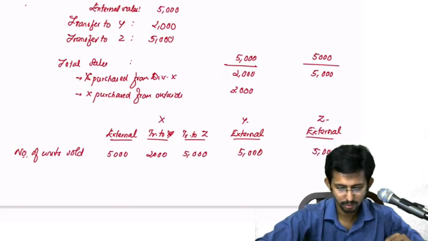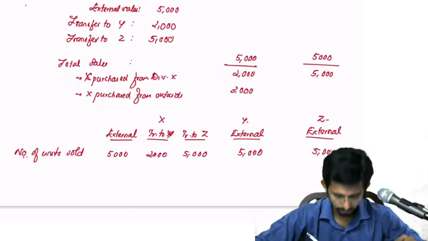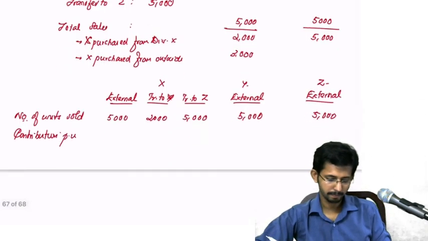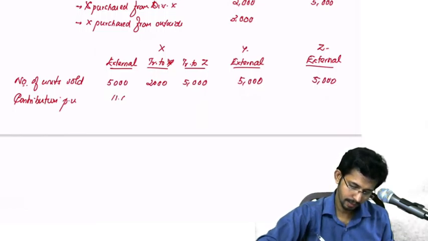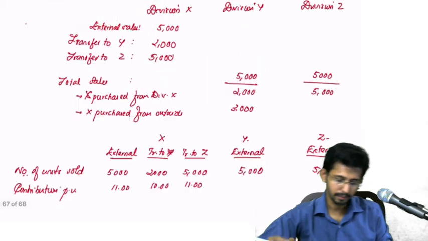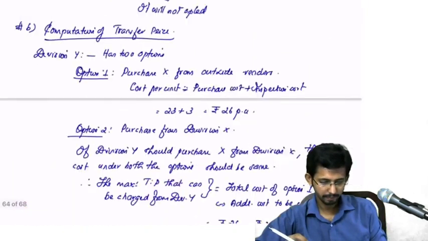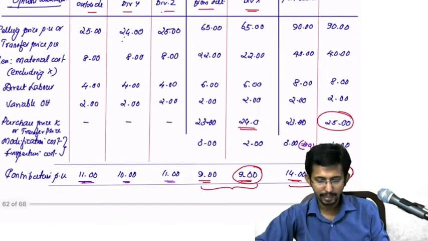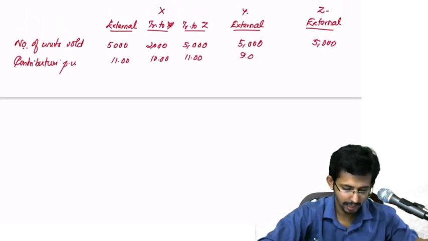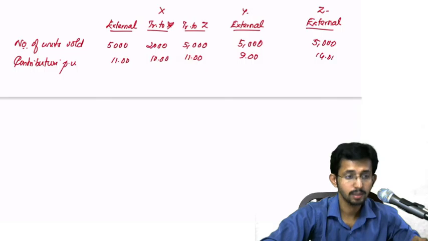Here also 5,000. Now contribution per unit, here it is 11 per unit, here it is 10 per unit, and here it is 11 per unit, and in the others 9 and 14 respectively. So here it should be 9 and here it should be 14.